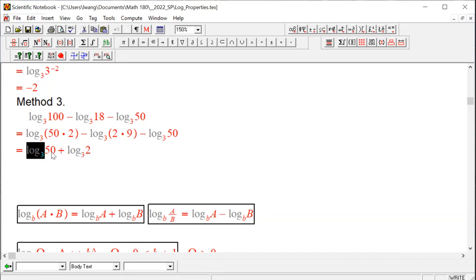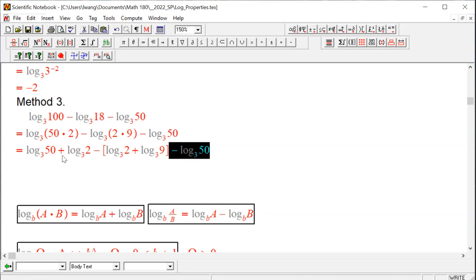And you already see a cancellation, but let's continue. Minus, and this piece I'm going to put in the bracket: log base 3 of 2 plus log base 3 of 9. And the last, of course, subtracting log base 3 of 50.